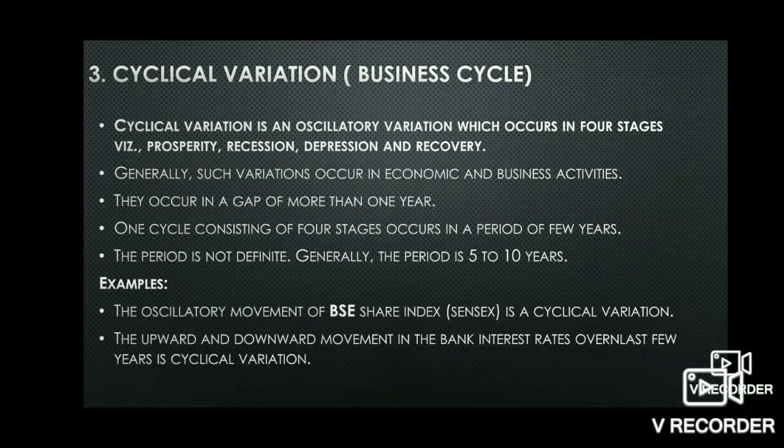Generally such variations occur in economic and business activities. They occur in a gap of more than 1 year. One cycle consisting of 4 stages occurs in a period of a few years. So the period is not definite. Generally the period is 5 to 10 years.